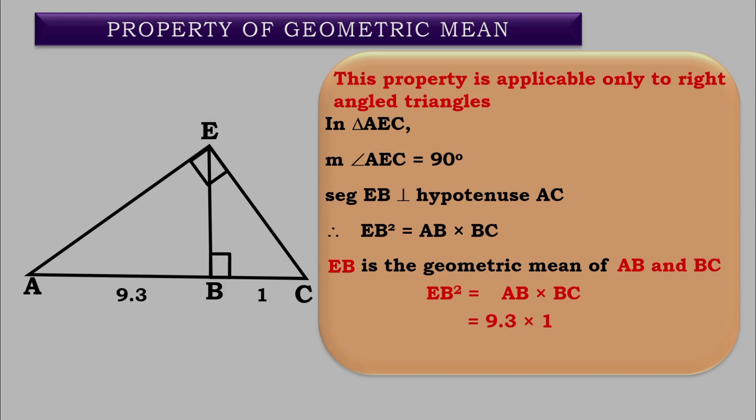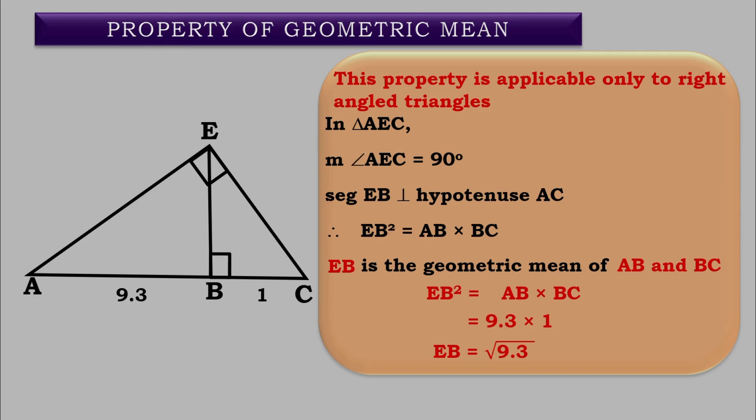So what we got? EB square equal to AB into BC. So we have earlier considered that AB equal to 9.3 and BC equal to 1. So EB square equal to 9.3, then EB equal to square root of 9.3. So this EB square you can also calculate by doing the hypotenuse Pythagoras theorem. So this is the property of geometric mean.